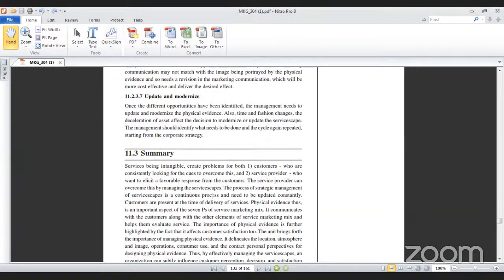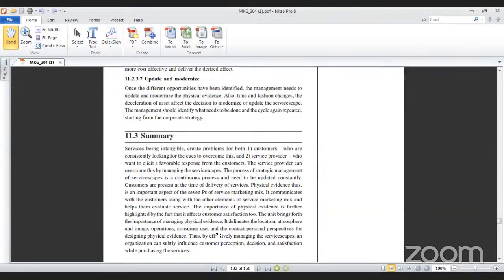Physical evidence is an important aspect of the 7 P's of the service marketing mix. It communicates with the customers along with the other elements of the service marketing mix and helps them evaluate service. The importance of physical evidence is further highlighted by the fact that it affects customer satisfaction too.